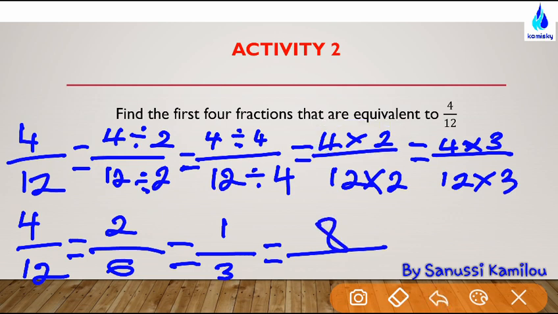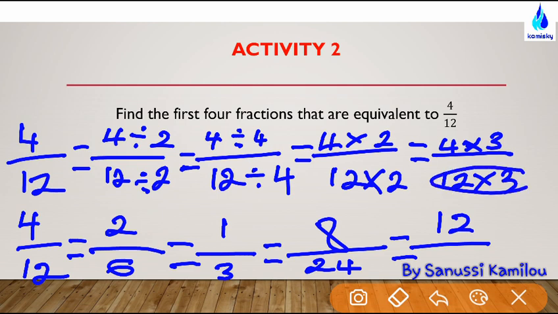And then 12 times 2, we are getting 24. Then the last one, 4 times 3 is giving me 12, and then 12 times 3 will give me 36. You can do it.